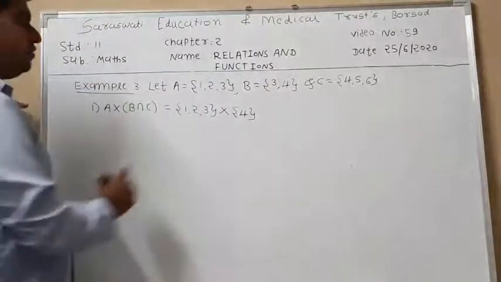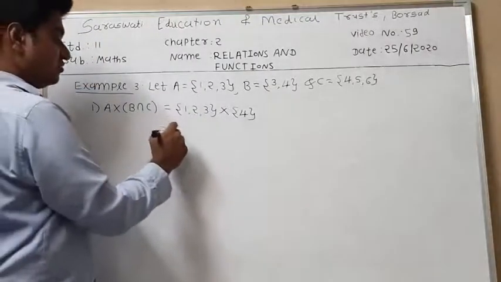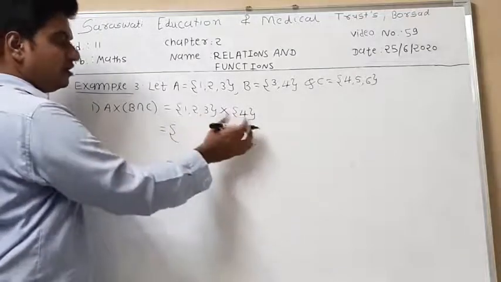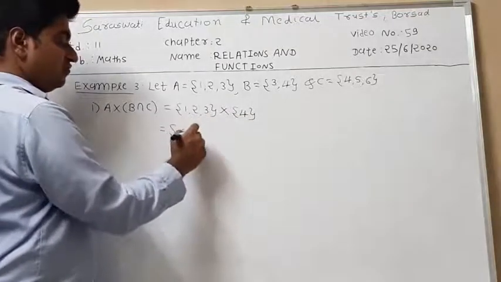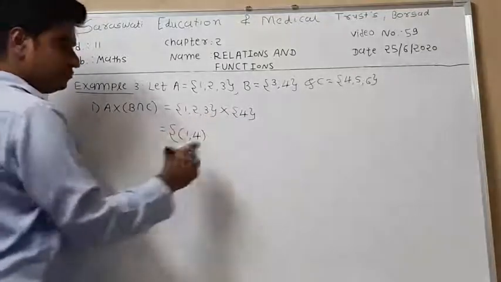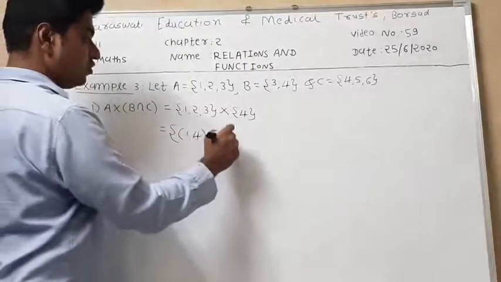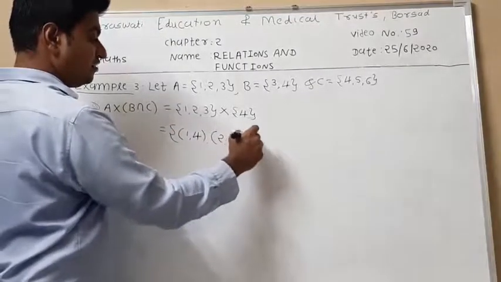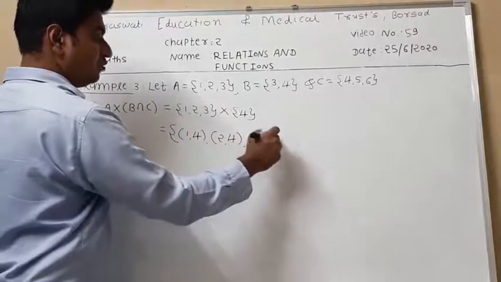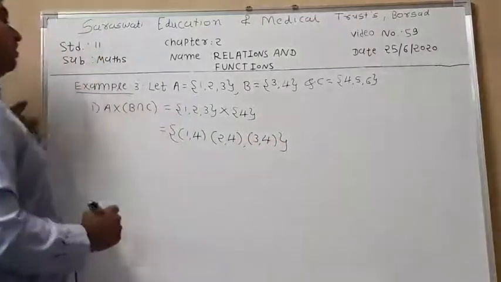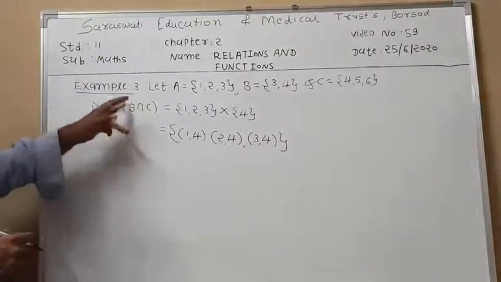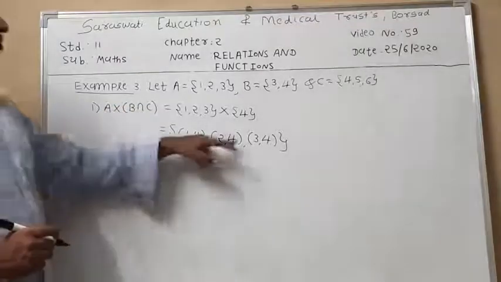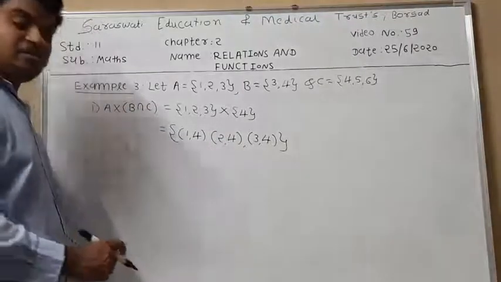Now apply the Cartesian product of these terms, so it is equal to {(1, 4), (2, 4), (3, 4)}. So our A Cartesian product B intersection C is equal to this.